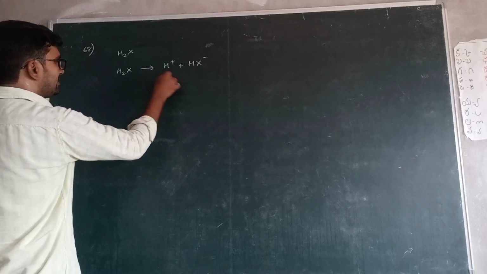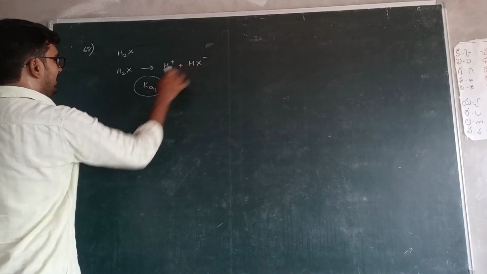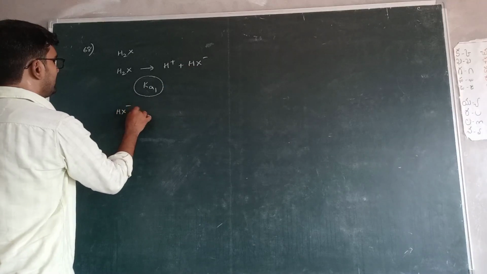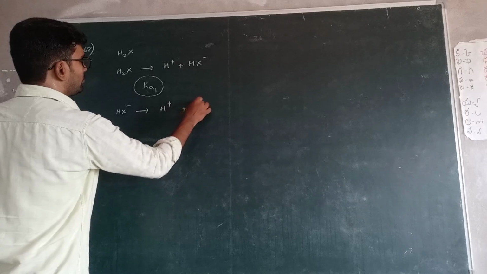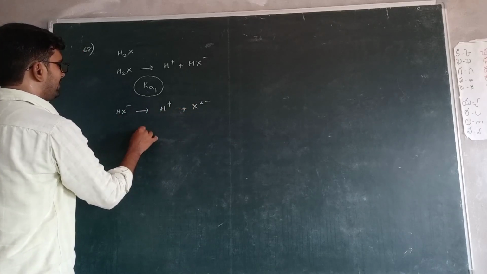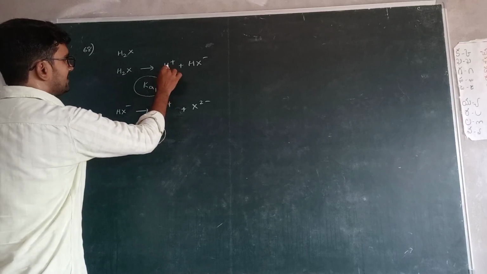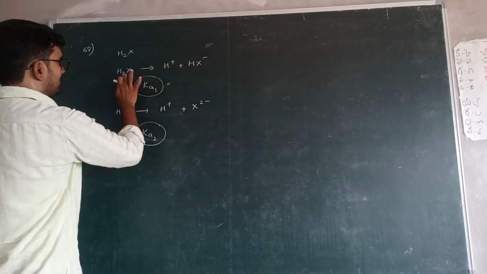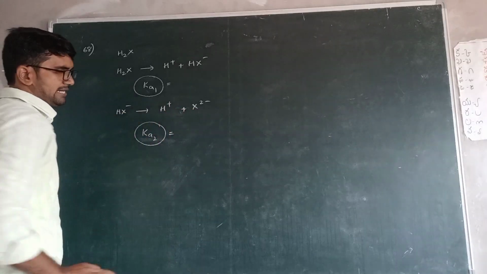Here the dissociation constant is Ka1. Now again this HX minus gives rise to H plus and X2 minus. If you write for this one, this is Ka2. Here Ka1 means concentration of products by concentration of reactants. Here also concentration of products by concentration of reactants.